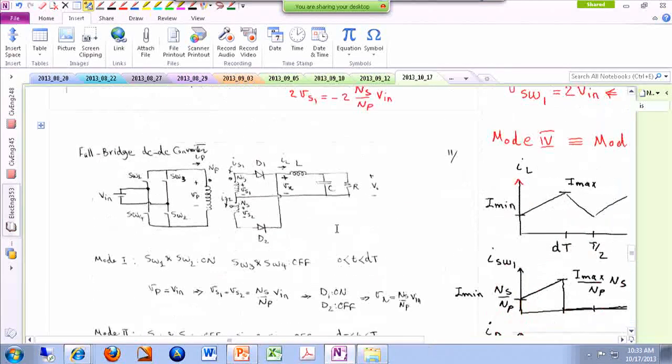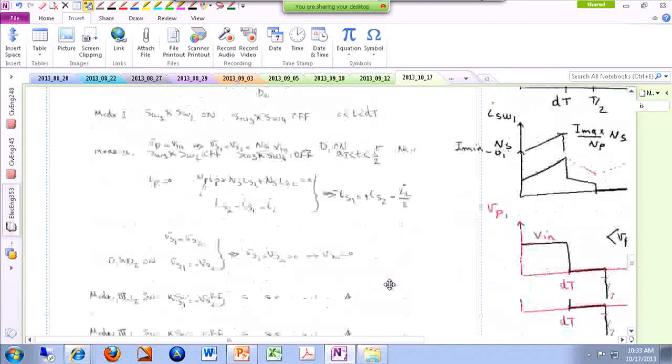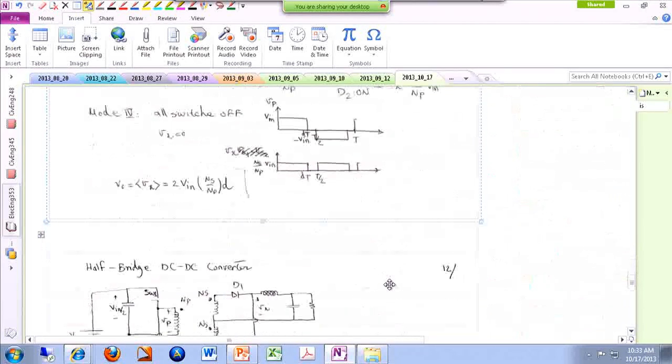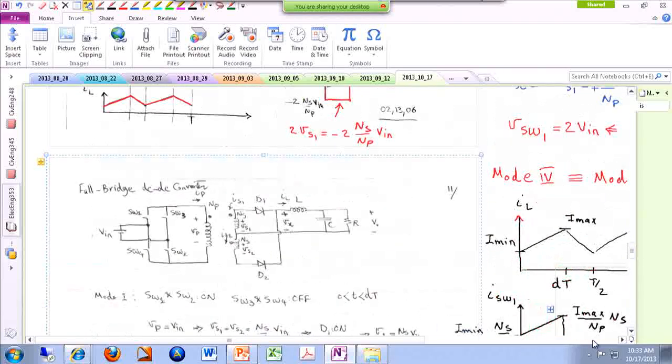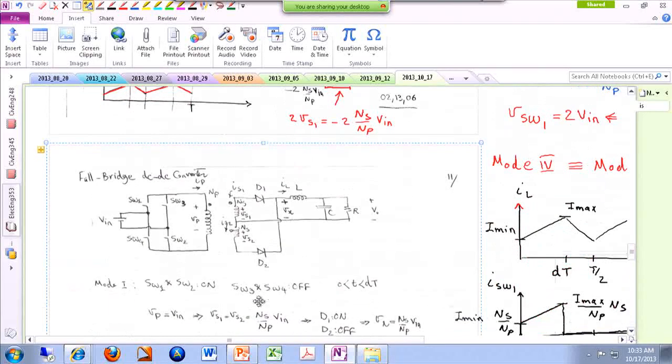Okay, now let's talk about the full bridge converter. Okay. So here is our full bridge converter. You can see on the output side, it is exactly the same as the push-pull.